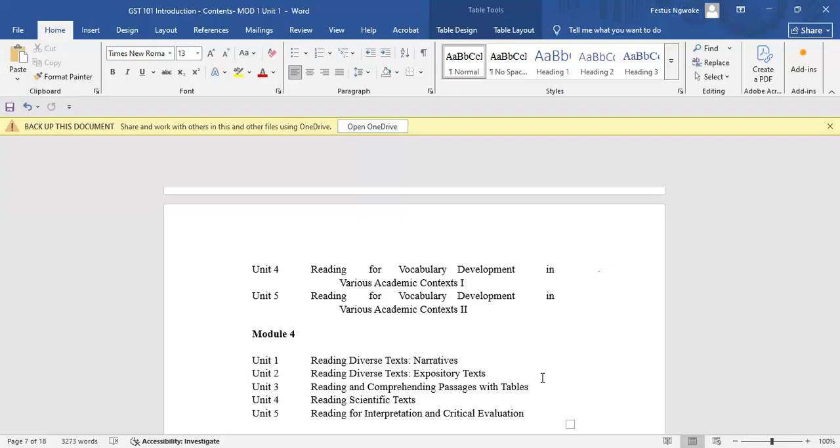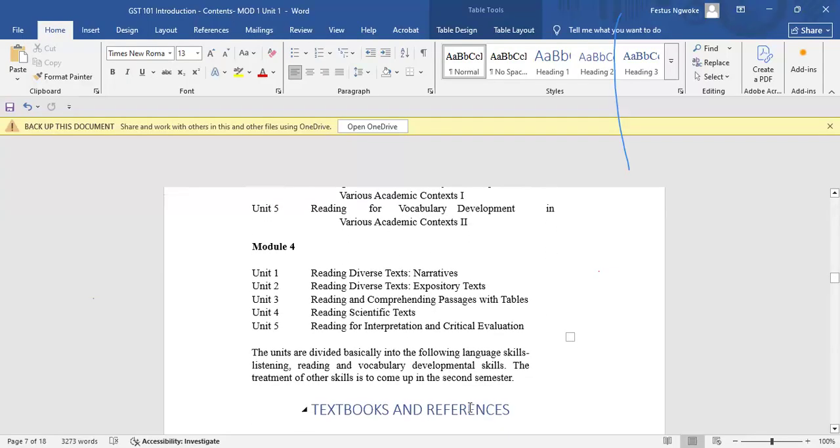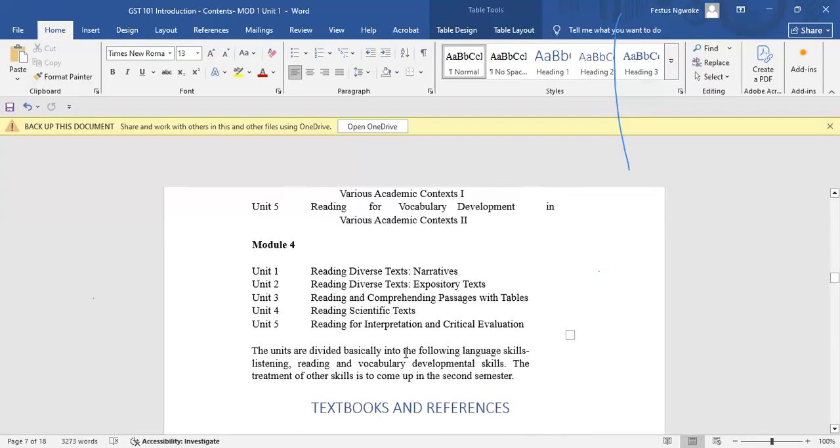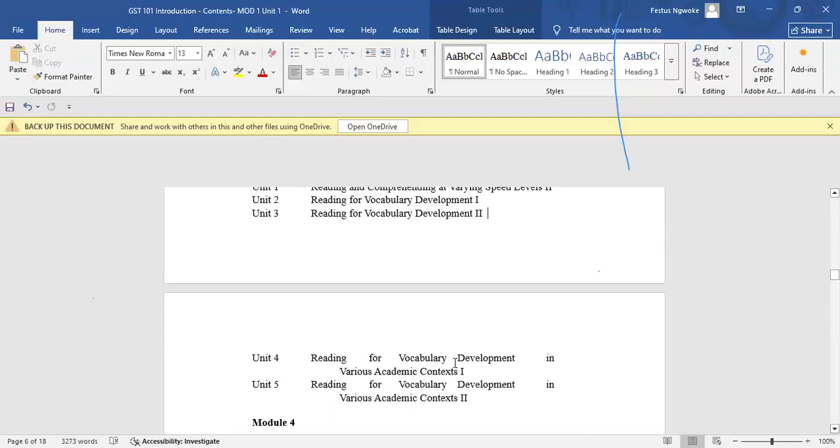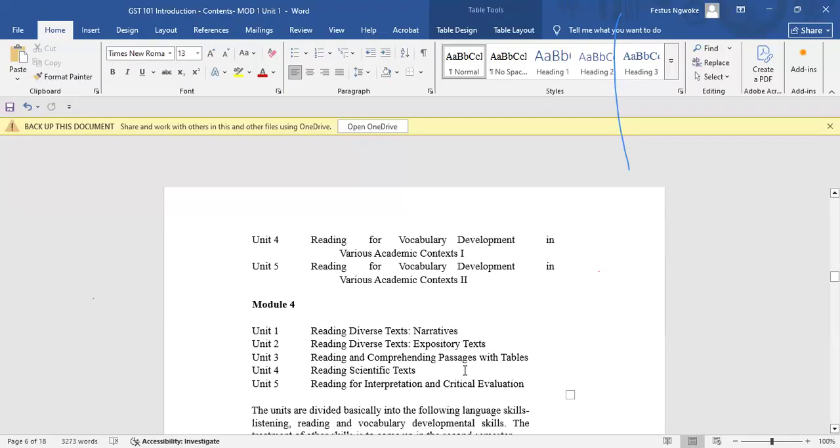Then we can also have reading and comprehension passages with tables, reading scientific texts, and then reading for what we call interpretation and critical evaluation. Just like we listen for interpretation and critical evaluation, we also read for critical evaluation and interpretation.